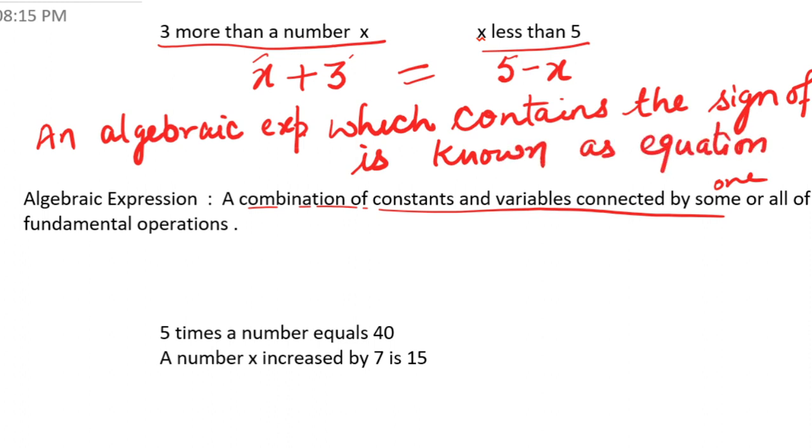This is your definition of equation. Now you can see we have 3 words with us: linear, equation and one variable. Where we have an equality sign between 2 expressions, that is an equation.